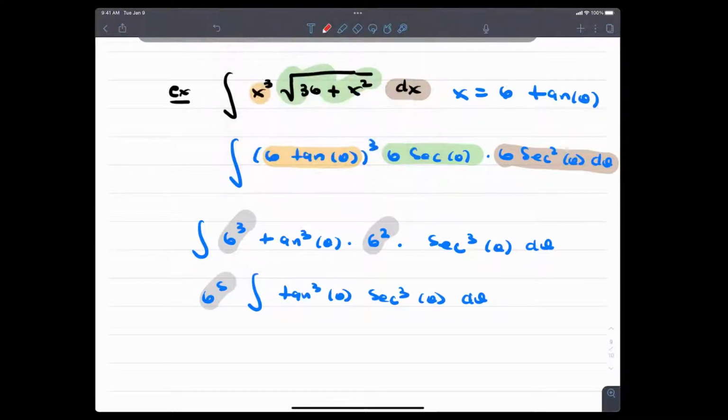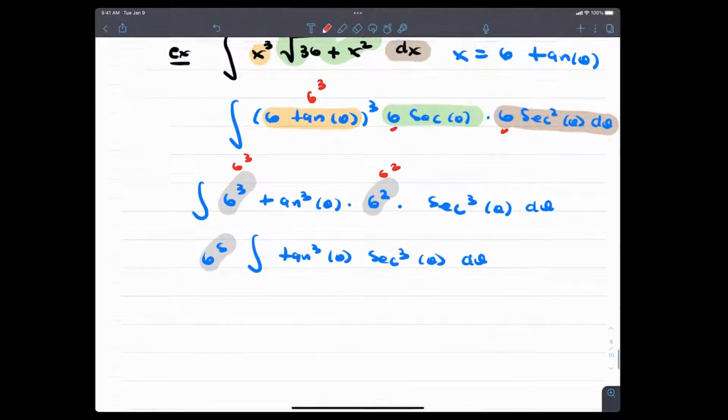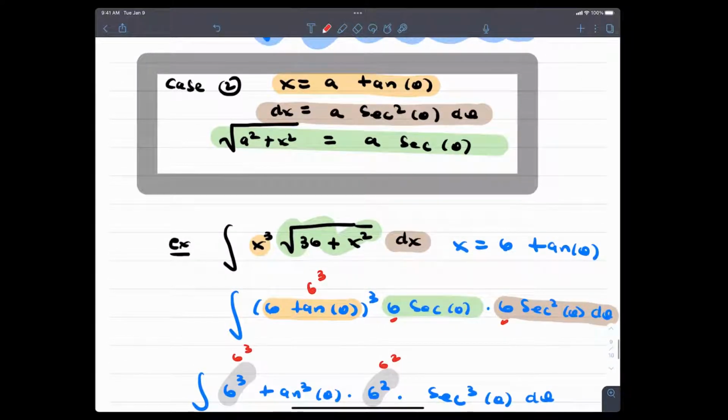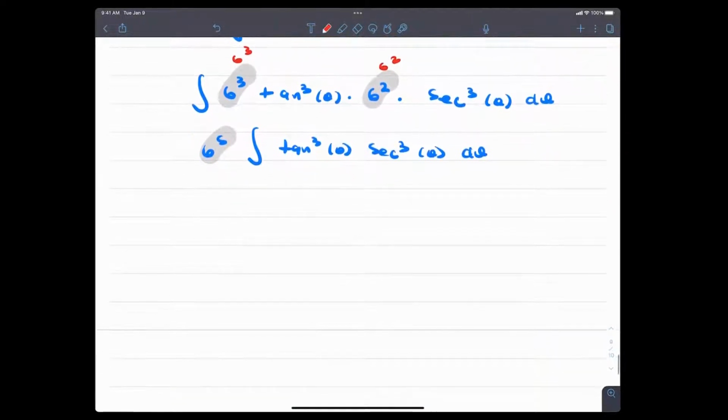This is going to give me a 6 cubed. And then I get 6 times 6 gives me a 6 squared. So I get that 6 to the 5th. So double check. Am I correct with that stuff? I think it all has a secant, right? Double check. I think I'm fine.